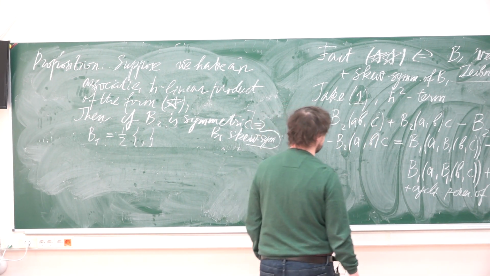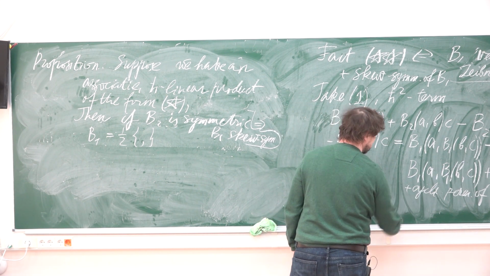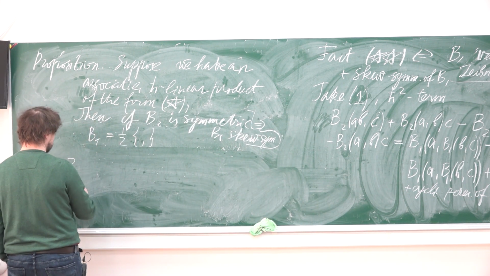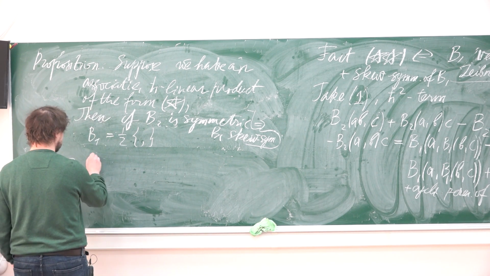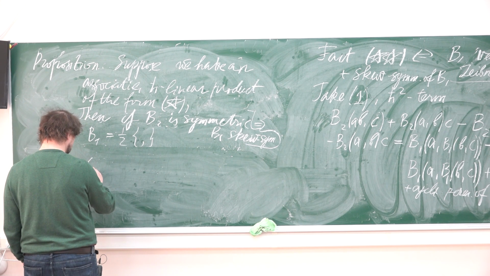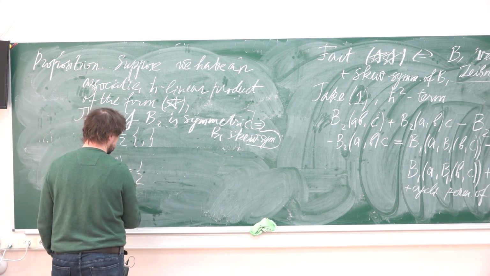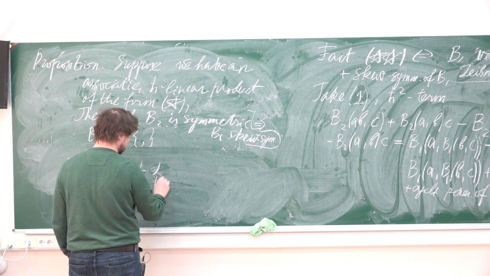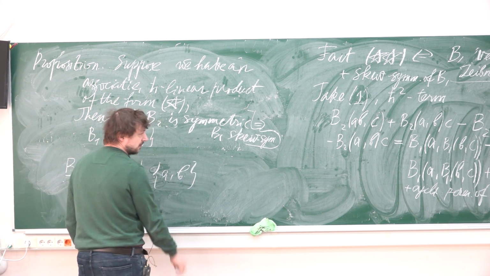What do we get in the end? So first of all, on the right we'll just have cyclic permutation of B1. Let me denote by B1 of A, B as 1/2 of B1 of the bracket A, comma B, right?